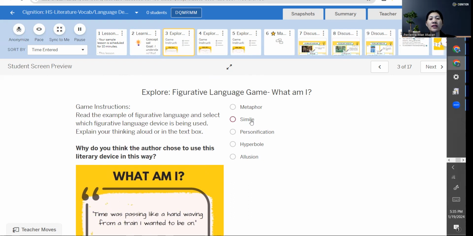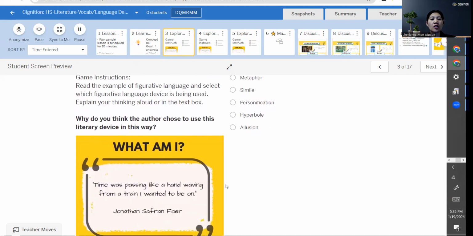Is it metaphor, simile, personification, hyperbole, or allusion? Could you remember the figures of speech? If not, let's try to dissect this.